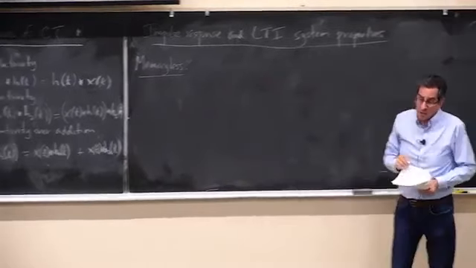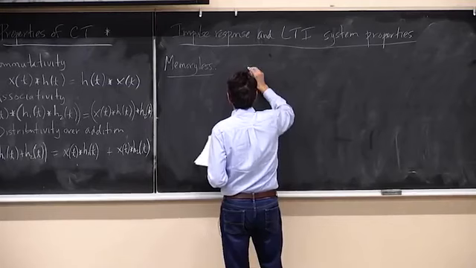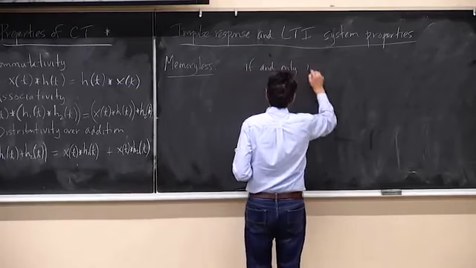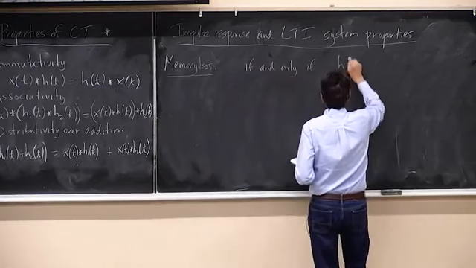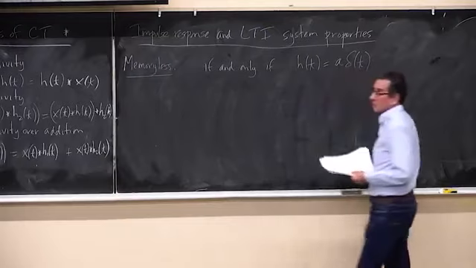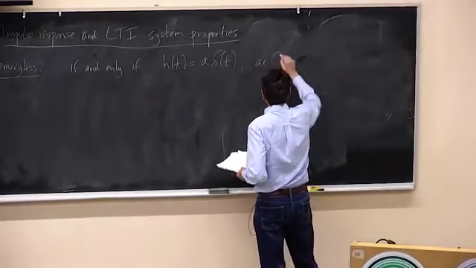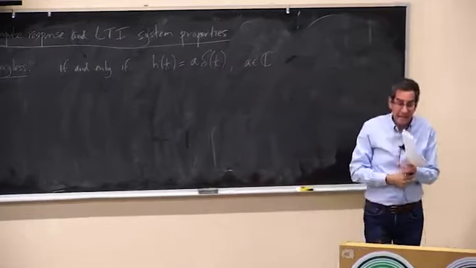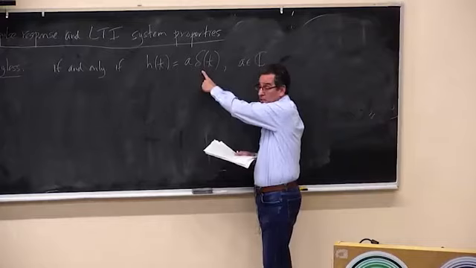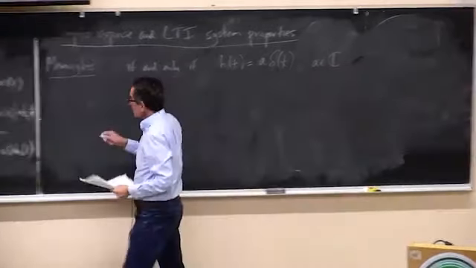The continuous time LTI system is memoryless if and only if the impulse response of that system is boring. It's just a scalar times an impulse for some complex scalar A. And so what that really means is that the system is just a gain. Just crank up the volume to some level.